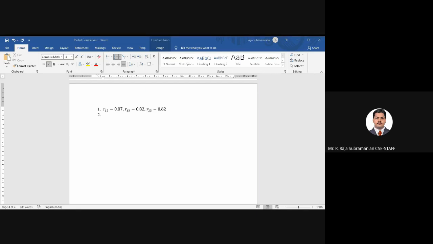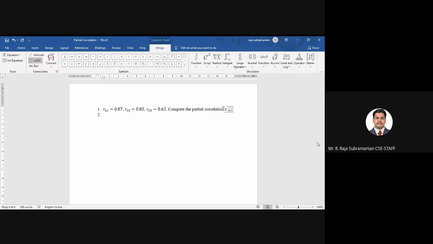Now what you have to do is compute the partial correlation R12.3.